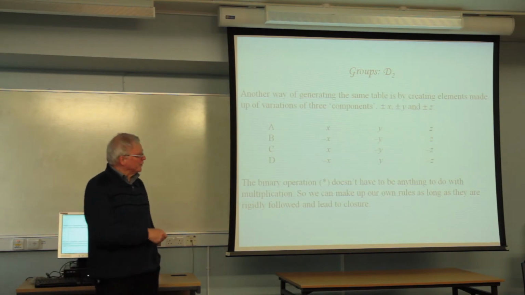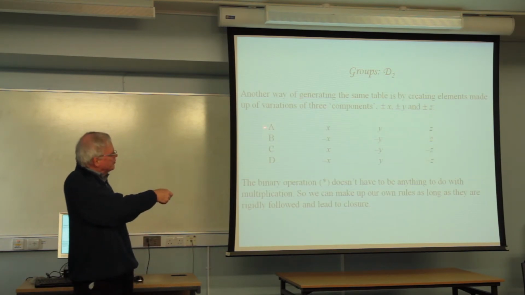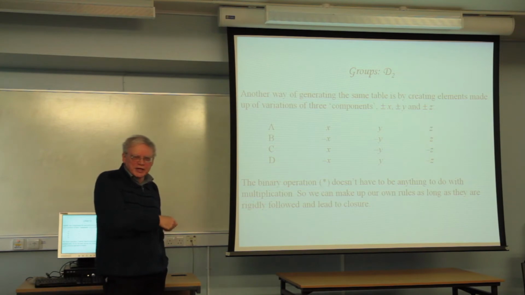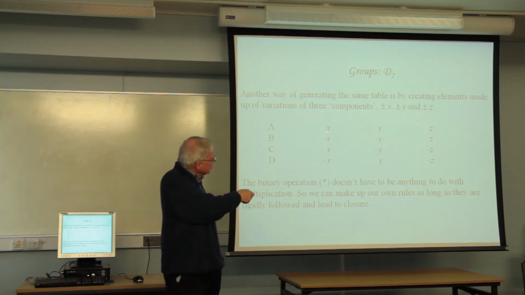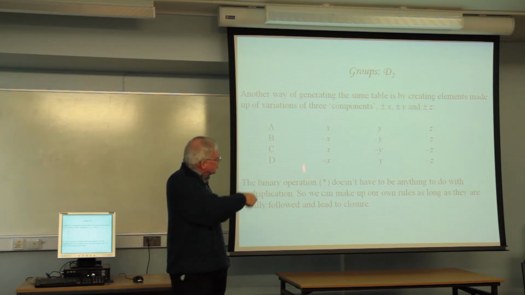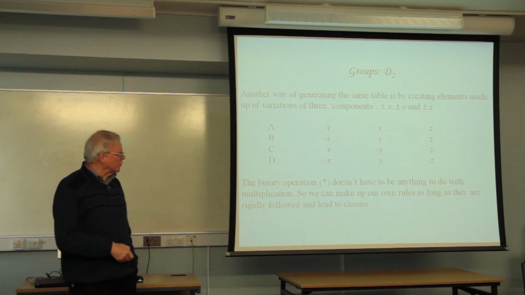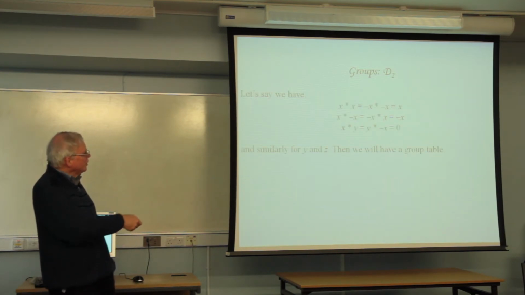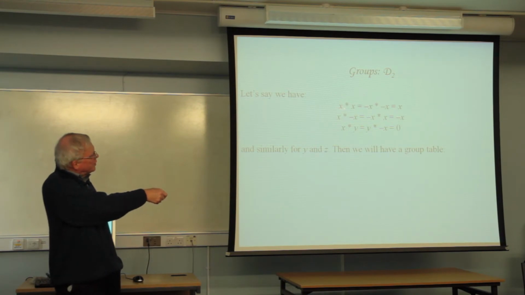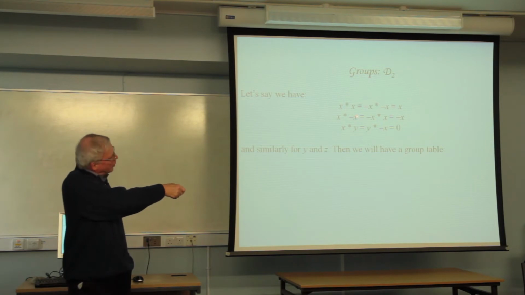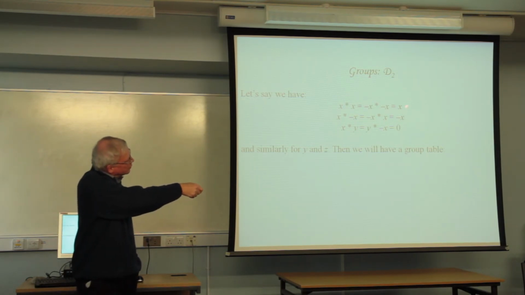There's other ways of getting it, and this is a more important way for us, well, an equally important way. This is a different way of getting it. I've got 4 elements, A, B, C, and D, and I give them each 3 properties, X, Y, and Z, and the minus X is a kind of anti-property to X. And a binary operation doesn't have to be multiplication, so we'll make up a new one. We'll say that if the property has the operation on itself, then it produces itself.